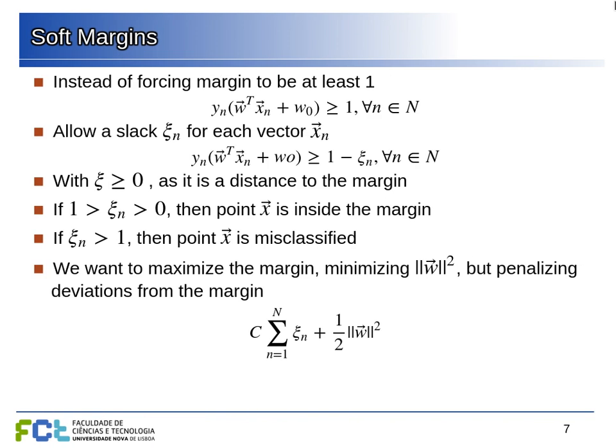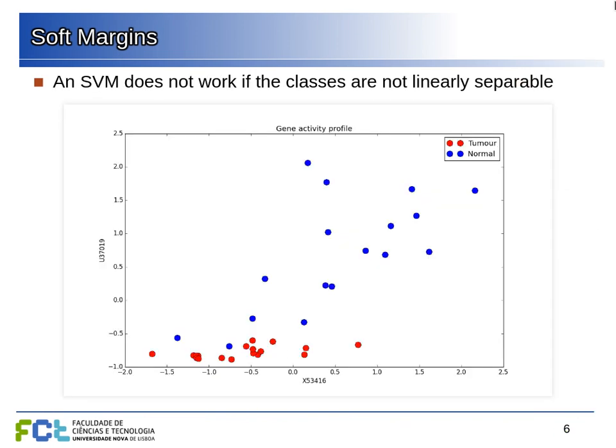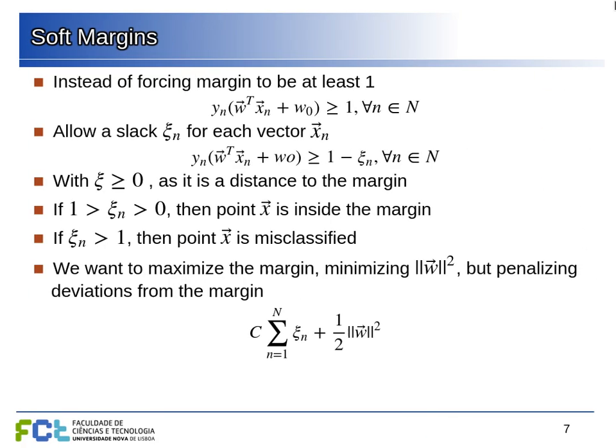The reason why we cannot do this, if we look at it more formally, is that we cannot impose this constraint. This constraint becomes impossible to impose because no matter how large we set the W, there will always be points that are on the wrong side of the discriminant. So what we can do is we add a slack variable here.